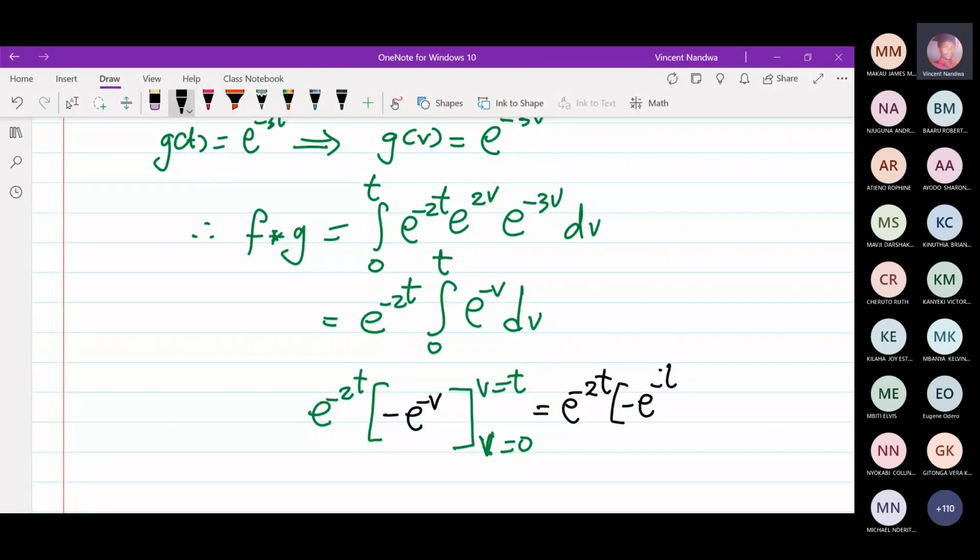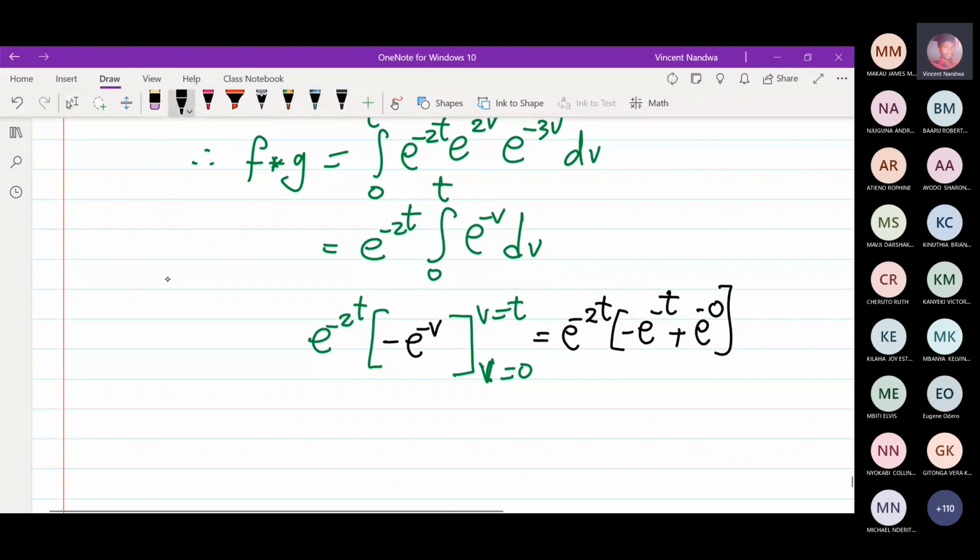Minus will give me plus e raised power 0, which is just 1. So e minus 2t into minus e to the minus t, and then plus 1.